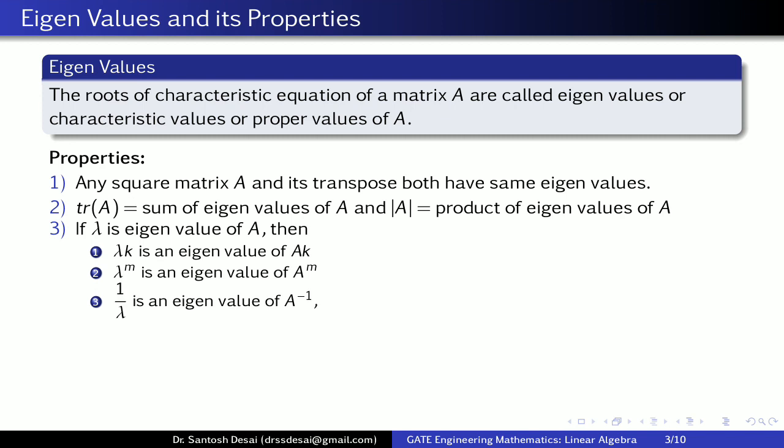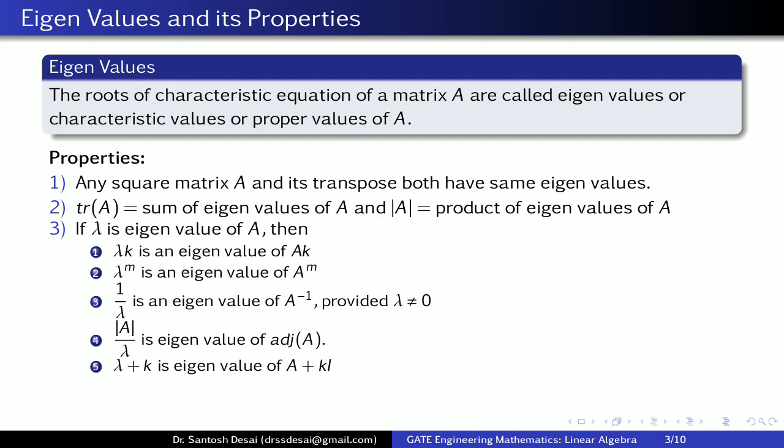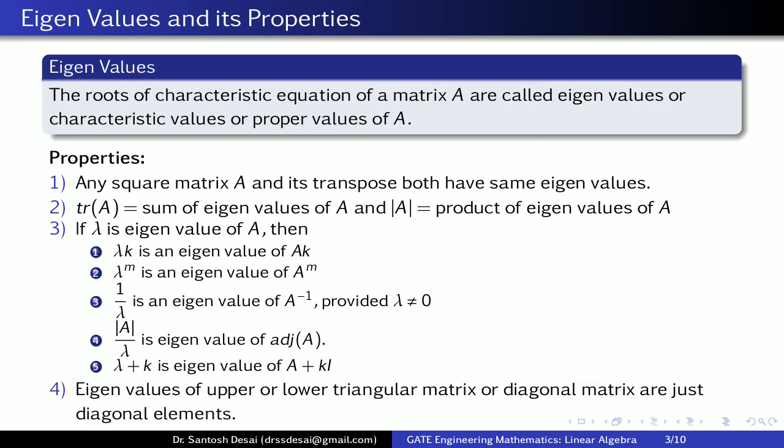Then 1 upon lambda is an eigenvalue of A inverse, provided that lambda is not equal to 0. Determinant of A divided by lambda is an eigenvalue of adjoint of A. Lambda plus k is an eigenvalue of A plus kI. And finally, eigenvalues of an upper or lower triangular matrix or diagonal matrix are just the diagonal elements of the matrix.